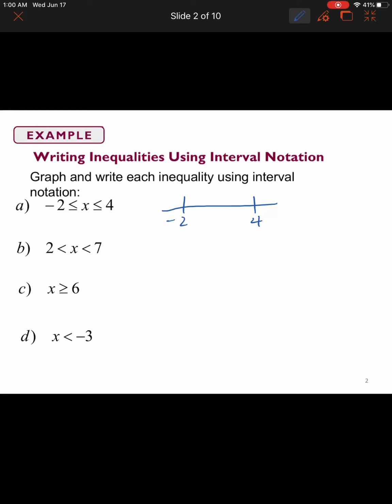What I like to do is read this from the inside out. So I would say x is less than or equal to 4, and x is greater than or equal to -2.